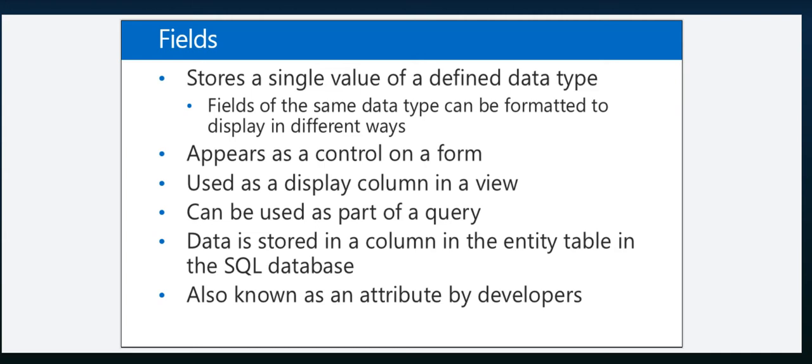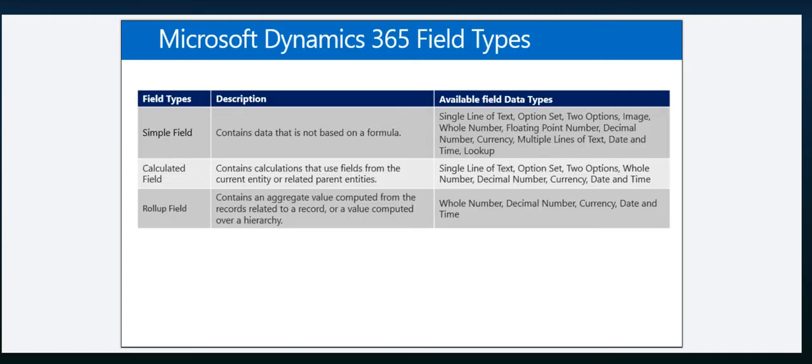You can use them for querying, for filtering purposes, and that's basically the data that's stored in a column in a SQL table. If you're a developer, you probably refer to them as attributes. I've been working specifically with Dynamics 365 a long time. You might be referring to it as attributes as well, as that's what they are mainly referred to.